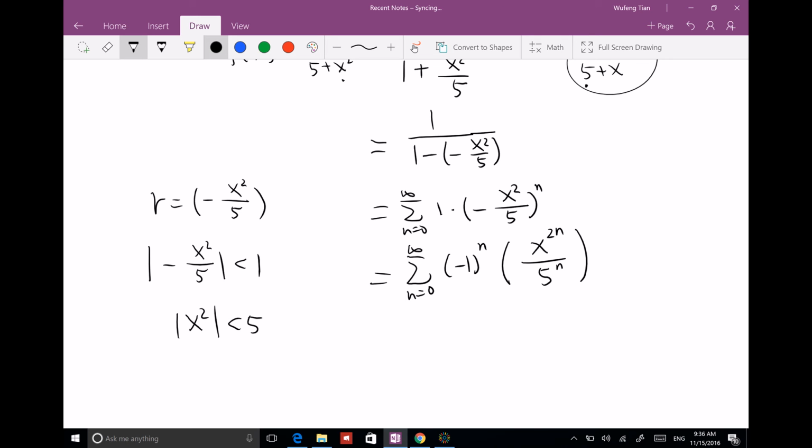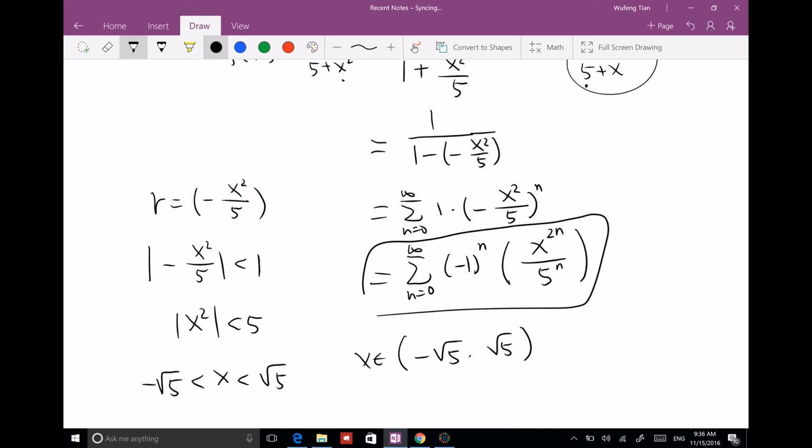And then you got x less than square root of 5 and bigger than negative square root of 5. So your radius is x belongs to negative square root of 5 to positive square root of 5. And this is your power series. This is your radius. It's pretty simple, right? Okay.